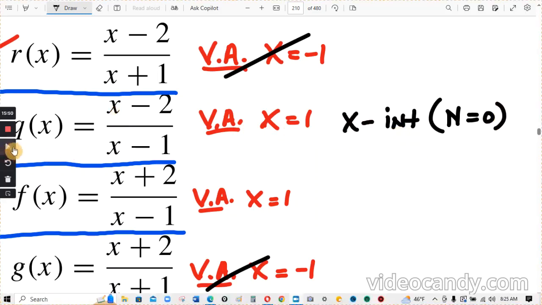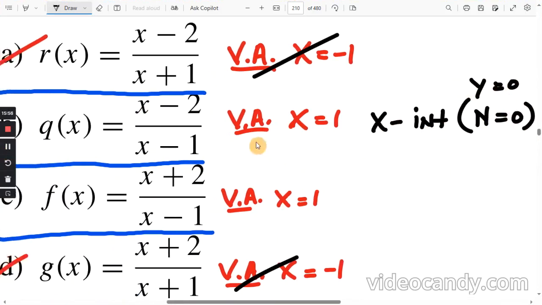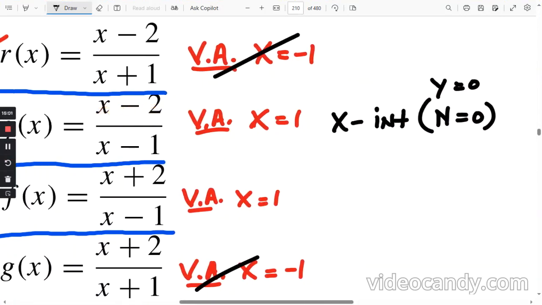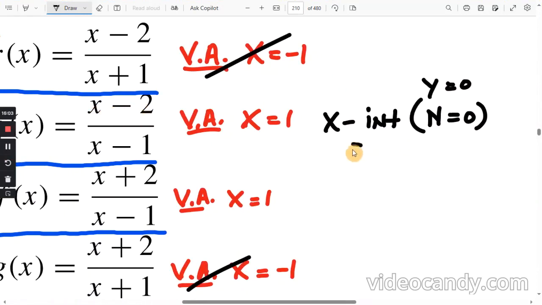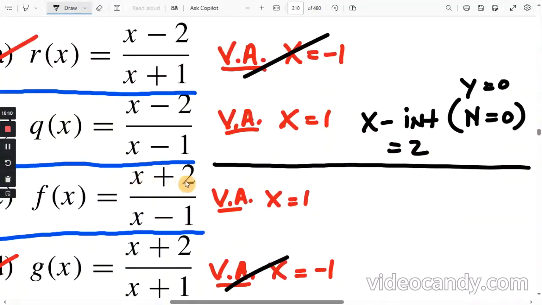X-intercept is when y equals 0. In other words, the numerator. So in this case, what would make this 0? Well, that would be x equals 2. So here the x-intercept is 2. And right here, in this numerator, if I set this equal to 0, what would make this equal 0? X equals -2. So for this x-intercept, it equals -2.